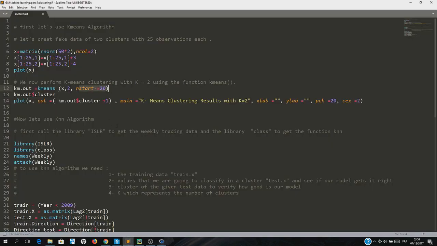What does that mean? You know that in the K-means algorithm we choose random centroids, right?